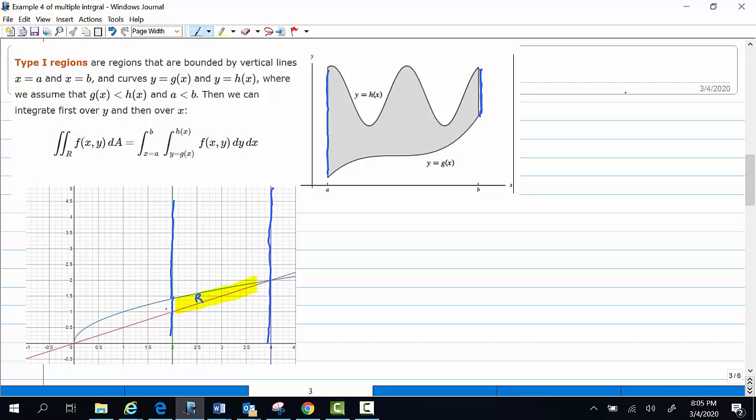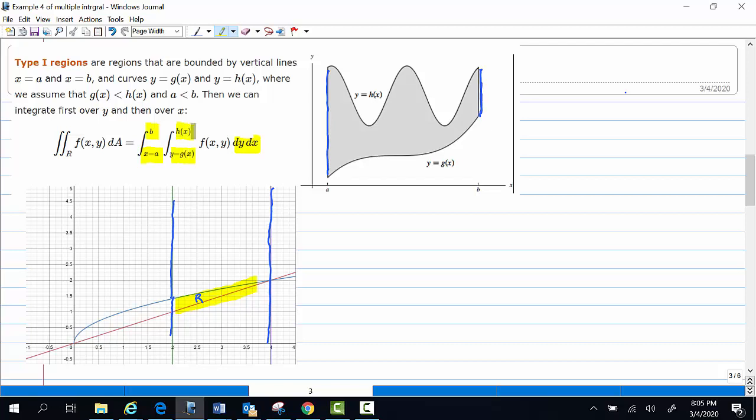Then the easiest way to do integral of this type is to use dA equal to dy dx, and then you find the limit of x first, then of y.